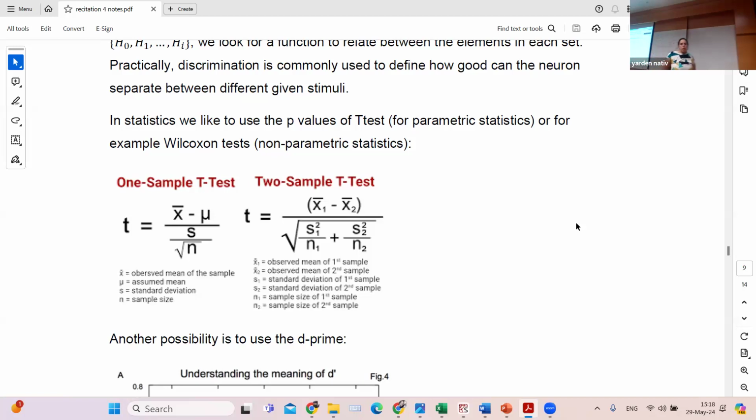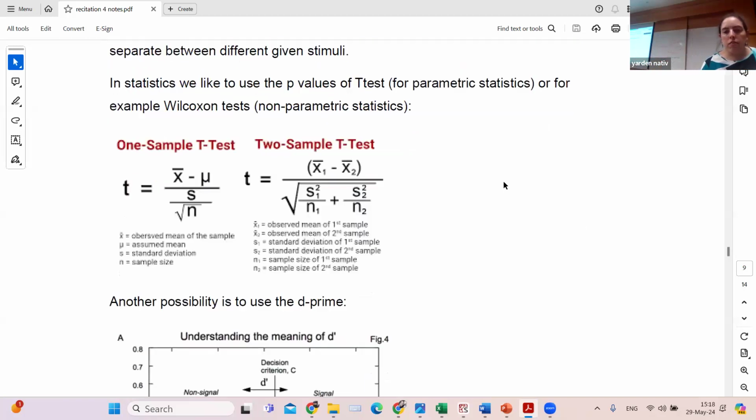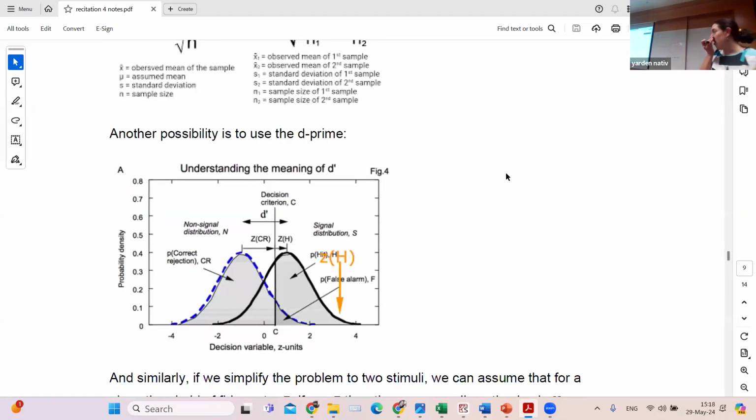But maybe some of you are familiar with the idea of D prime. Do you know the idea of D prime? Would someone like to explain to us what D prime is? No, really?